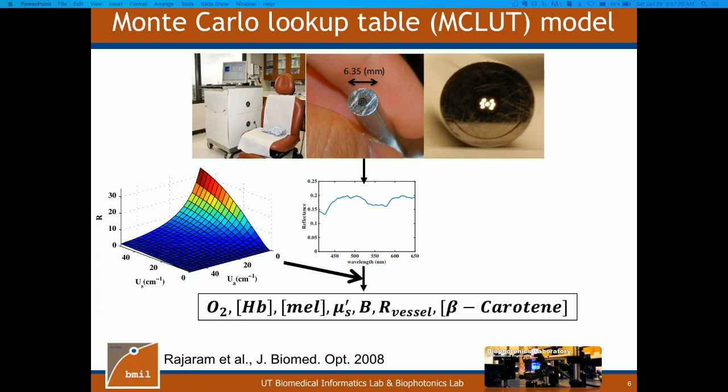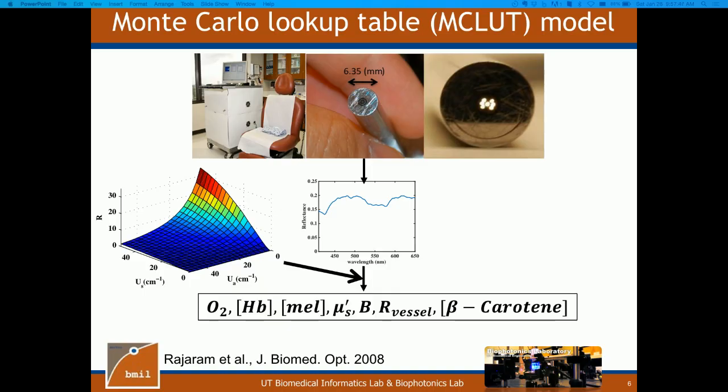Thus, we cannot use diffusion theory here. Just for information, the source-detector separation of our probe is about 250 micrometers, which is smaller than the mean free path of scattering in tissue. So you need a lookup table to relate reflectance to scattering and absorption coefficients.